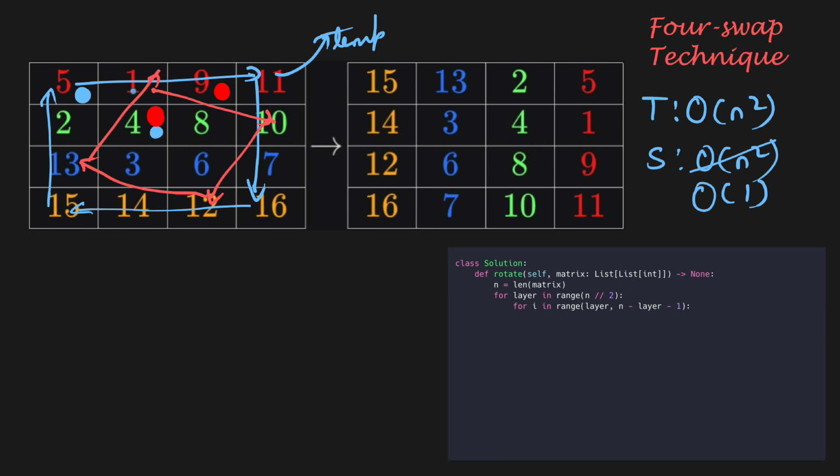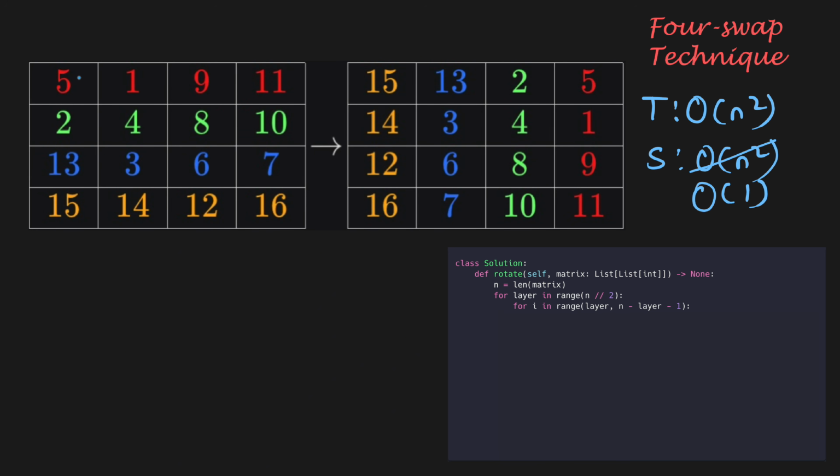Now, when we perform the swaps, we need to first take a backup of the element that still needs to be propagated. For example, we take a backup of 11 before 5 replaces it, so that 11 can later be propagated to replace 16. However, a better approach is to take the backup of just one element, say the top element, which is 5 here.